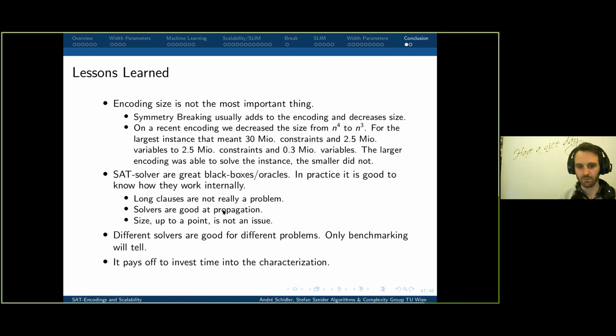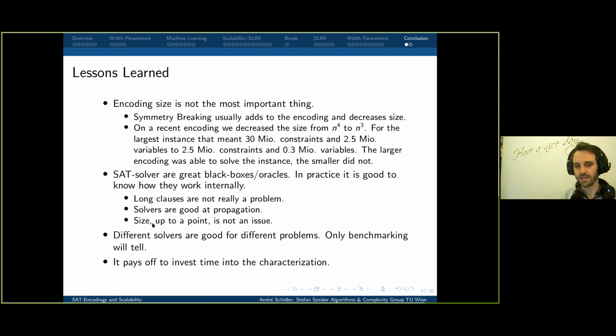Solvers are really, really good at propagation. This is kind of why I think this hack caused more trouble than it benefits. With the larger encoding, it's just a lot of propagation and very, very little guessing. And the moment you apply this trick, you make the propagation harder for the solver.